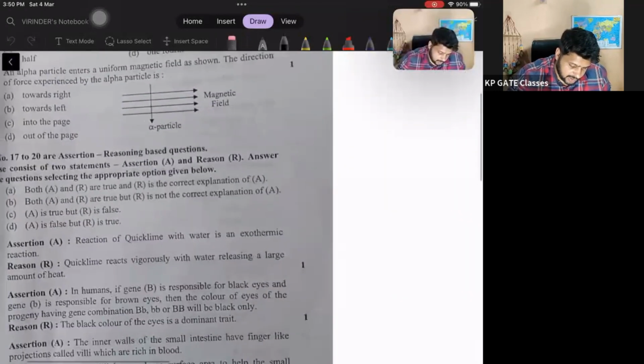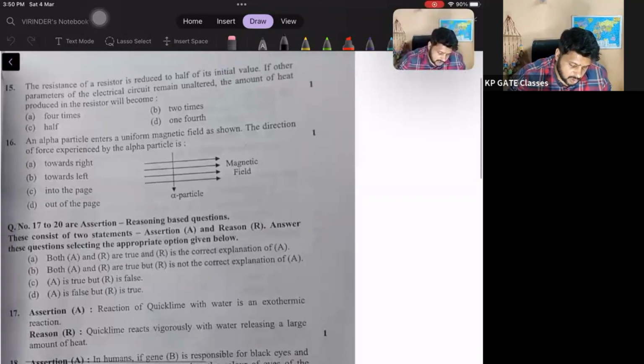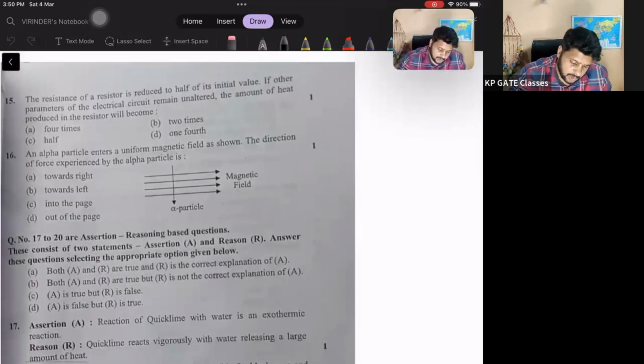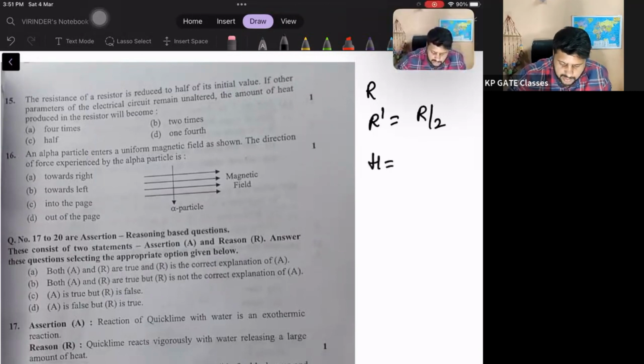Question number 15. The resistance of a resistor is reduced to half of its initial value. So first resistance is R, then R' is equal to R/2. Now it is said that if other parameters remain the same, what happens to the amount of heat produced. First, heat was being produced as I²RT. Now the second time it is produced as I²(R/2)T.